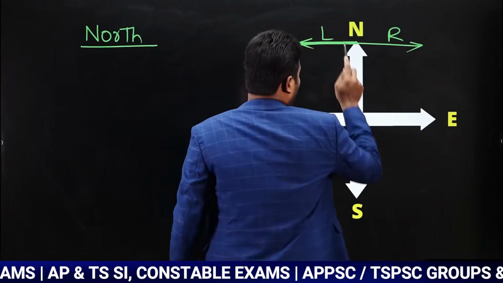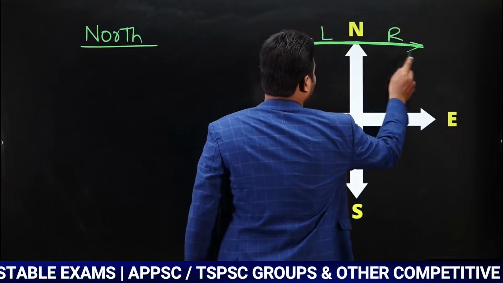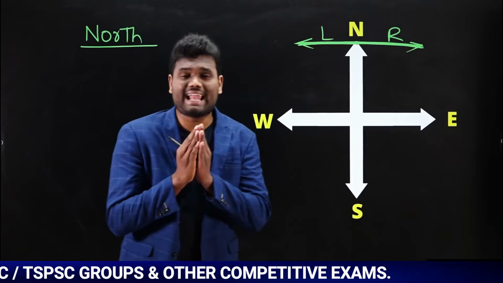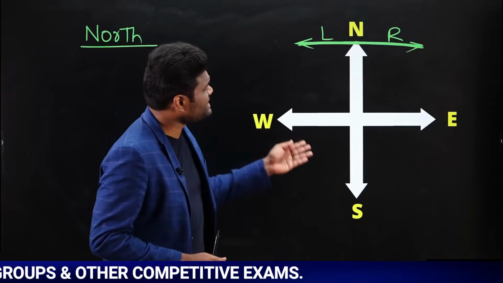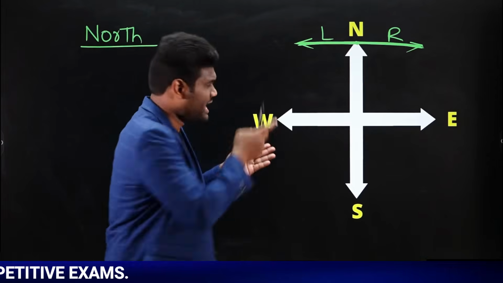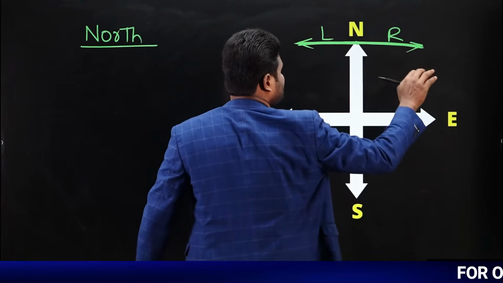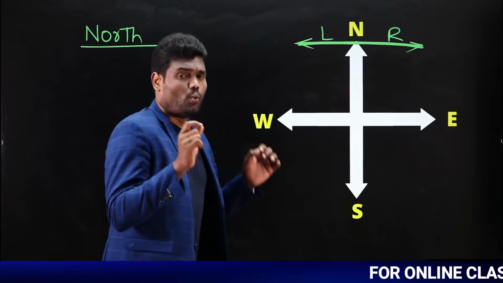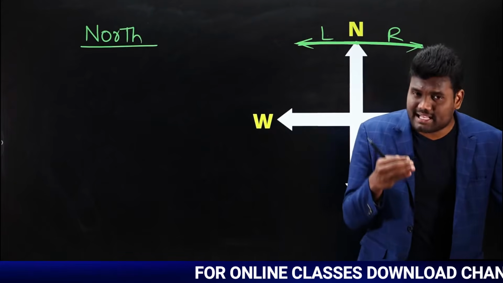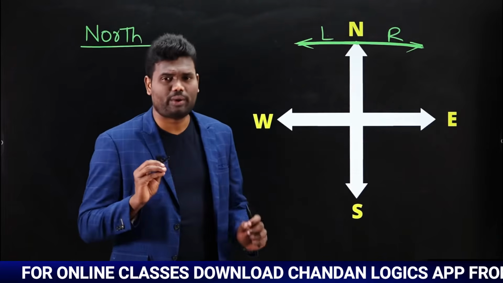Similarly, the right of the person is the same as our right-hand side. So can I say in this way, when the person is traveling towards the north direction, the left of the person is the same as our left, the right of the person is the same as our right. Is that clear? Very important and very simple points as well. These are basic points. Once the basics are clear, then solving questions will be very simple.